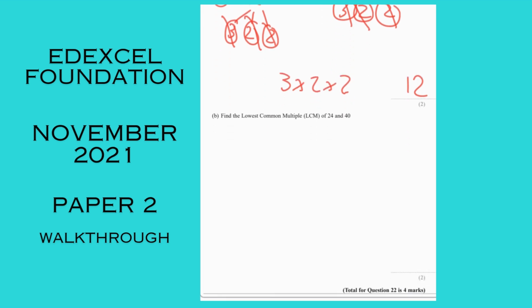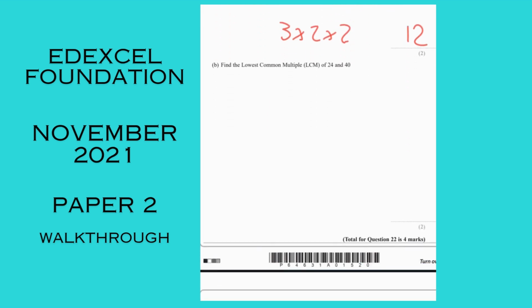For B, again, you could do factor trees, but these are very common numbers, so I'd prefer to go what's normally a much longer way, particularly with awkward numbers, but these numbers are quite nice. You've got a calculator, and as you can see, it doesn't take long to generate your times tables to find the lowest multiple in common.